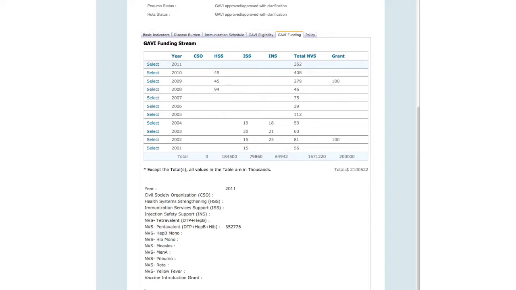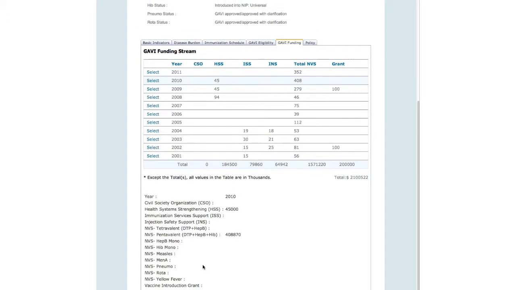Below, you can see all types of funding, particularly NVS stands for new vaccine. So you can see the new vaccine broken into the type of vaccine that they've received funding for. Down here below, Gavi has helped co-finance pentavalent vaccine for Armenia in 2011, and that's it. If you select 2010, you can see the various numbers that they provided to Armenia in 2010. The totals are below on the bottom row.